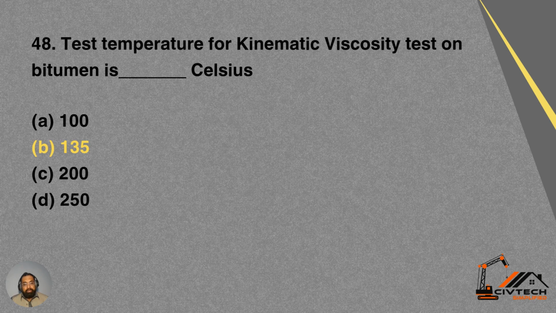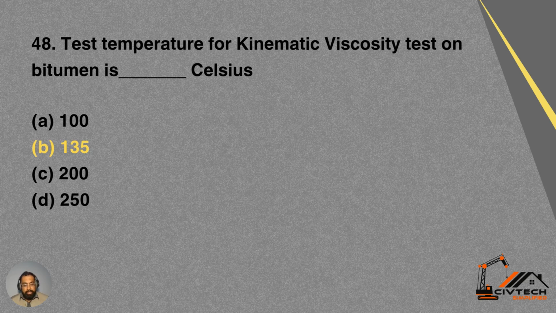Question 48. Test temperature on kinematic viscosity test on bitumen is dash Celsius. So how much should be the test temperature for kinematic viscosity test? Option A, 100 centigrade.